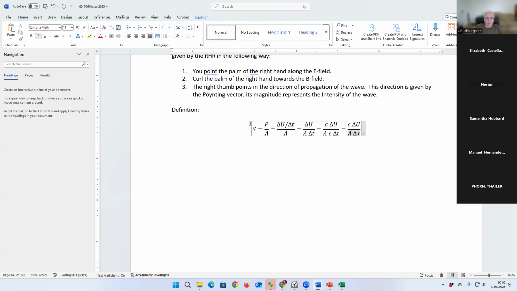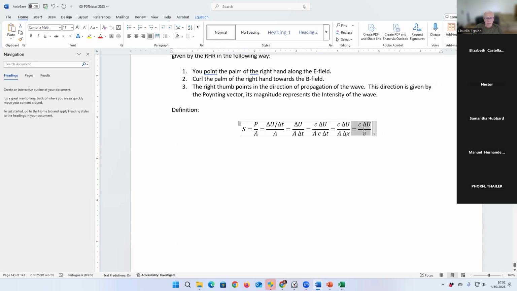c delta t is going to be delta x, okay? And now that I have area times delta x, I'm going to have here the volume V. I'm going to put lowercase v. Delta U over V, for volume, right? Not velocity, but V for volume.